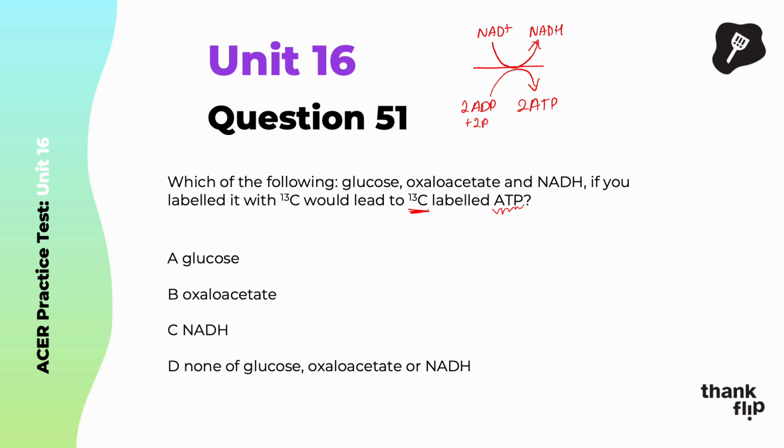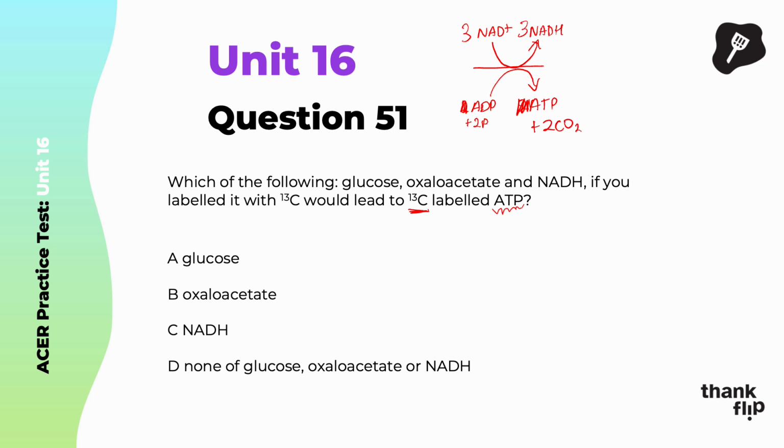Then lower on, you have a similar thing happening right next to your citrate and oxaloacetate. This time you have 3 NAD, 3 NADH. Then you have 1 ADP, and you have 1 ATP plus 2 carbon dioxide. So that's your second one.